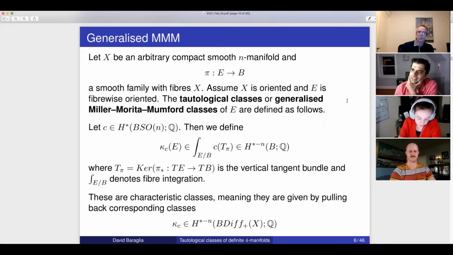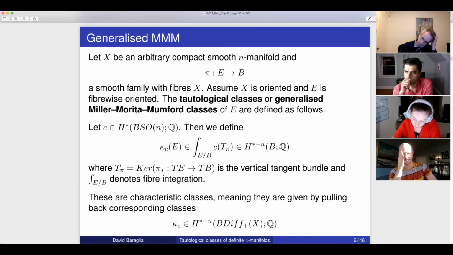Okay. There are a couple of reasons why I use rational instead of, say, integral coefficients. Basically I want to apply the family's index of a Dirac operator, and I need a spin C structure, and in general you don't quite have one, but if you work rationally, you can get around that problem. Whereas if you work integrally, you can't quite do it.